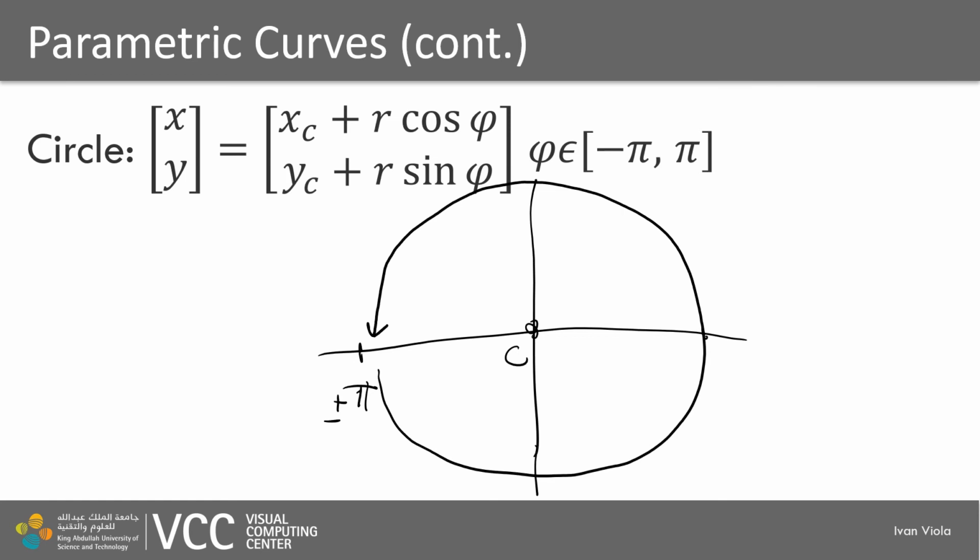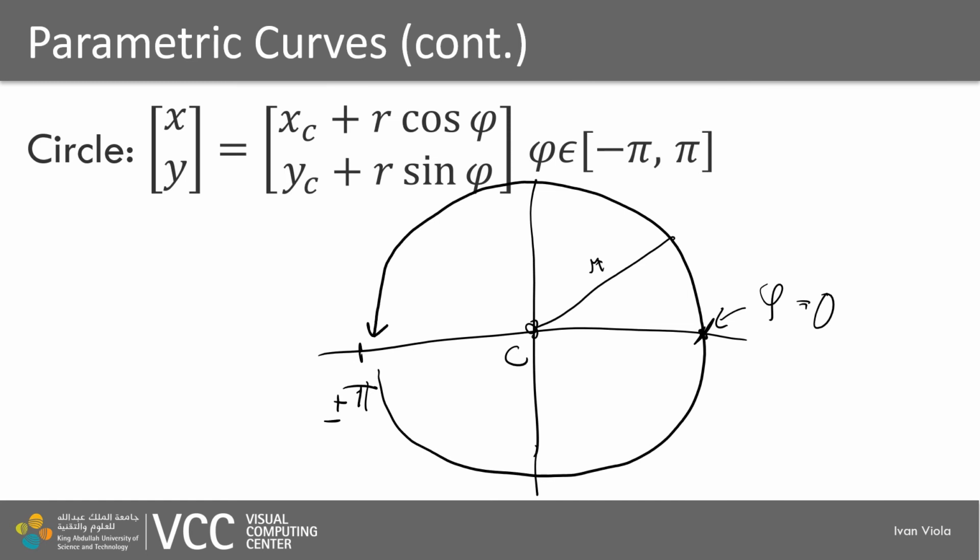Then cosine phi is 1, and xc plus r, if this is the length r, will result in this position. So here we have phi equals 0, and for the sine, it will be 0, so on the y-axis we will be here.